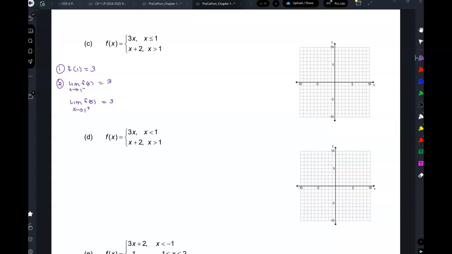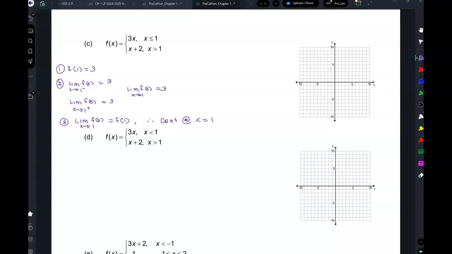So what's the limit? Limit of f of x as x approaches 1 is 3. So for the third step, limit of f of x as x approaches 1 equals f of 1, therefore continuous at x equals 1.